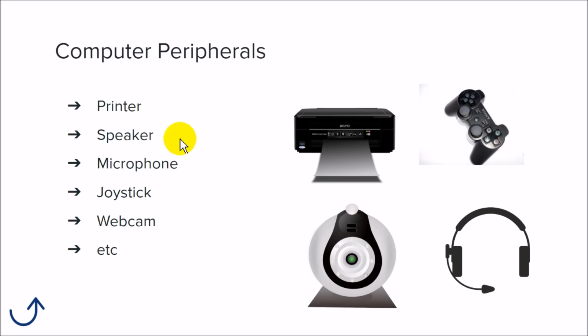All these things are classified under computer peripherals. There are a lot of them you might come across, but just know that anything classified under computer peripherals, the computer doesn't need it to function. The computer can work without them. Okay, so that is it about computer peripherals.